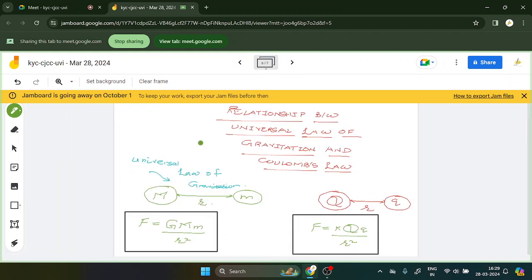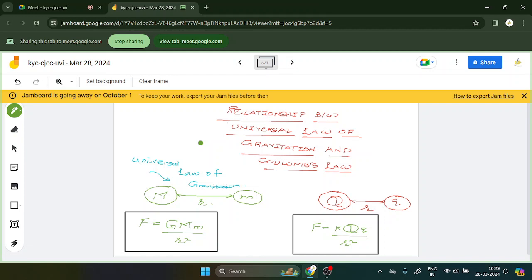The universal law of gravitation can act between the sun and the earth, between the moon and the earth, between the sun and the moon, between different planets. It is long ranging. Gravitational force also acts between you and me, between you and your laptop, between Jupiter and the earth.